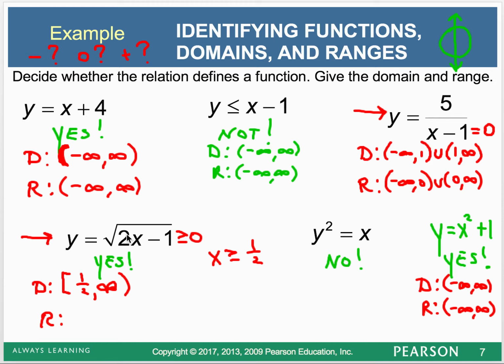Nope, can't do it. So negatives are out. Can I take the square root of anything and get 0? Yeah, if that equals 0 in there. Can I take the square root of anything and get a positive number? Oh yeah, square roots are always positive. So this starts with 0 and goes to infinity.